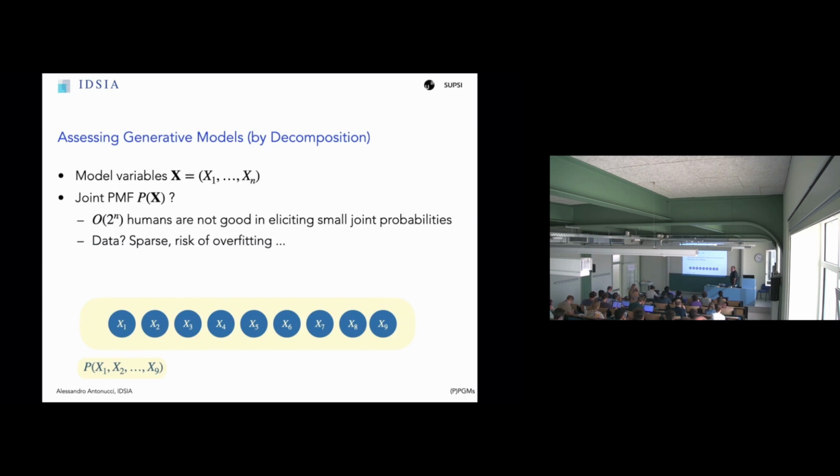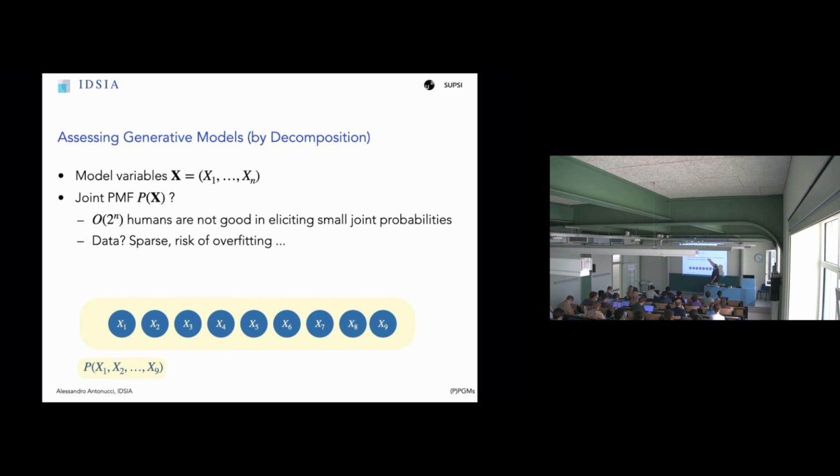Let's say that now we are interested in assessing generative models. So what we want to learn in a probabilistic setting is a joint probability mass function. We are still precise. A joint probability mass function over the variables involved in my problem, in my system, in my world, whatever.